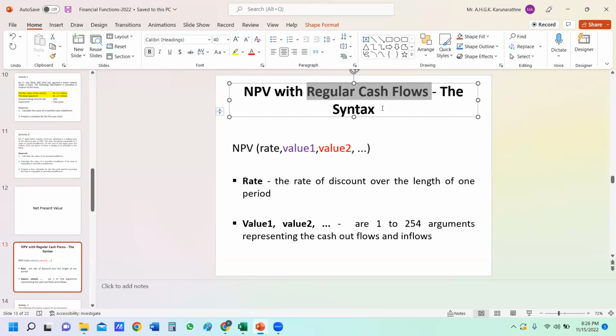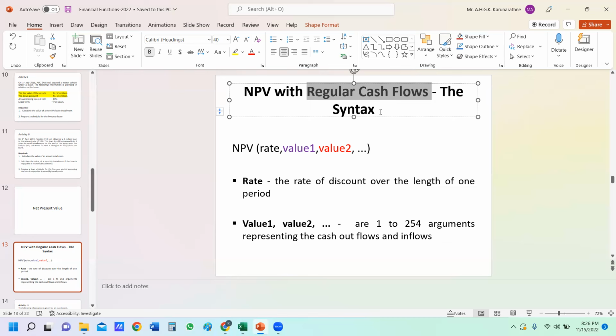So in real life, sometimes you may not be in a position to go with regular cash flows. We'll tackle them later.